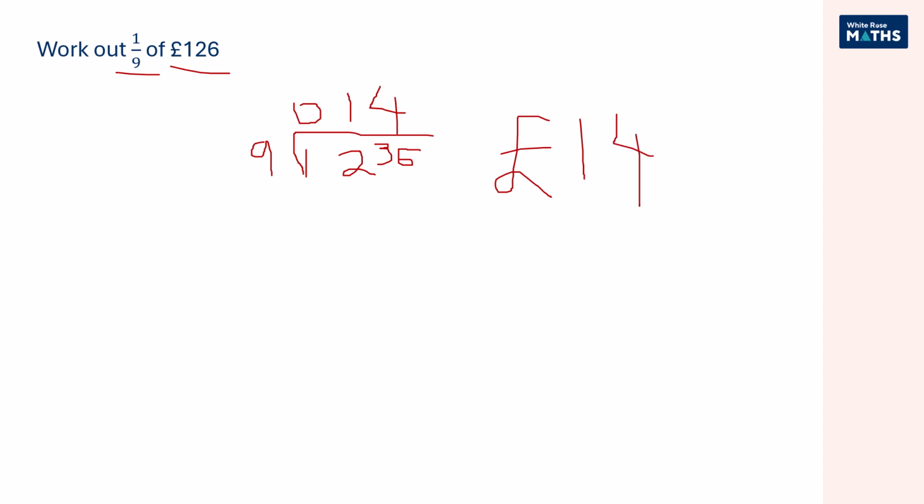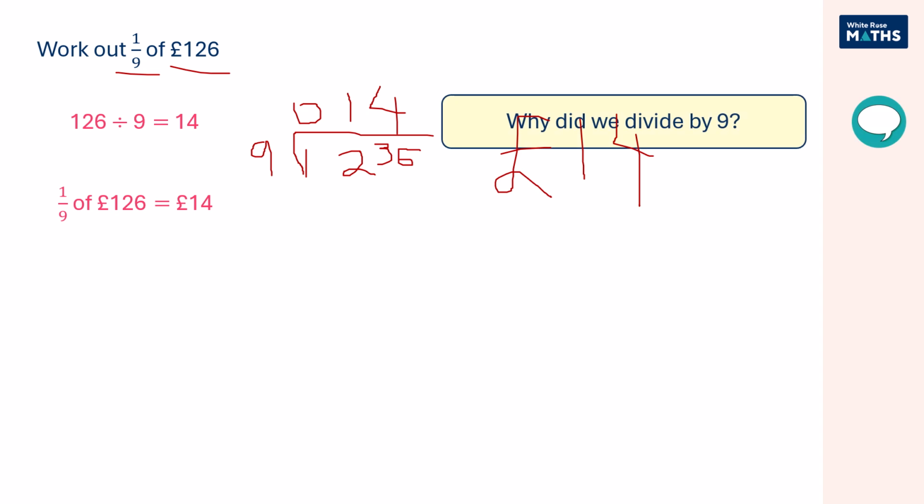To work out a ninth of something, we divide it into 9 equal parts. So we divide it by 9, guys, because 1/9 means I'm taking a fraction of that amount.